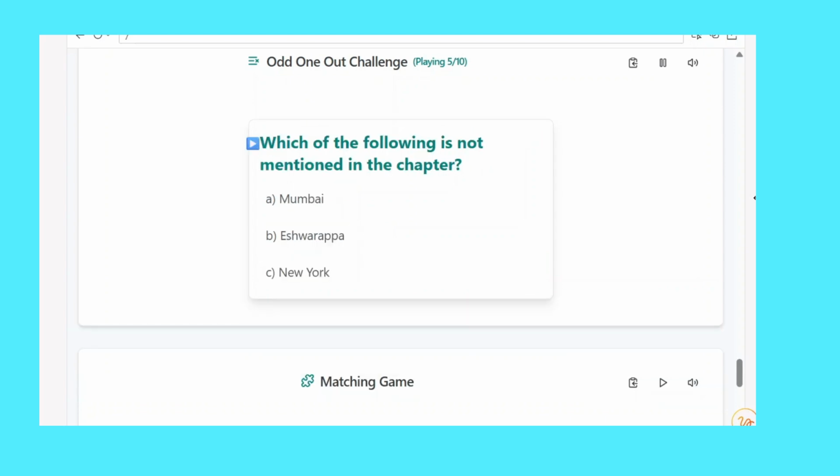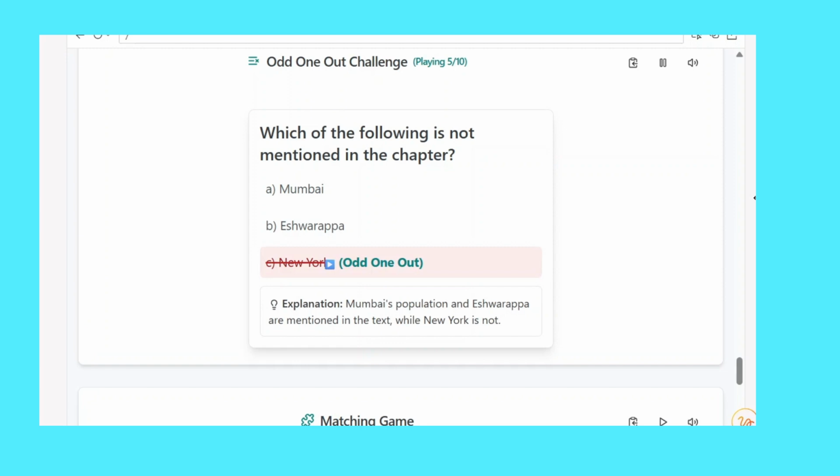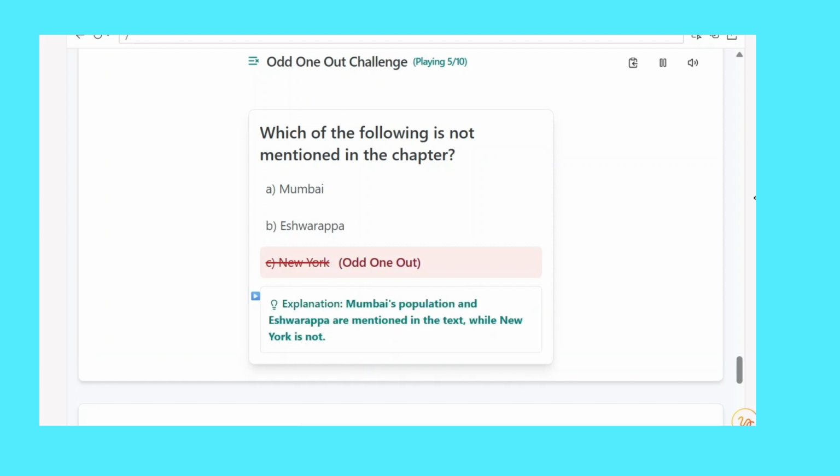Which of the following is not mentioned in the chapter? Mumbai, Eshwarappa, New York. The odd one out is New York, because Mumbai's population and Eshwarappa are mentioned in the text, while New York is not.